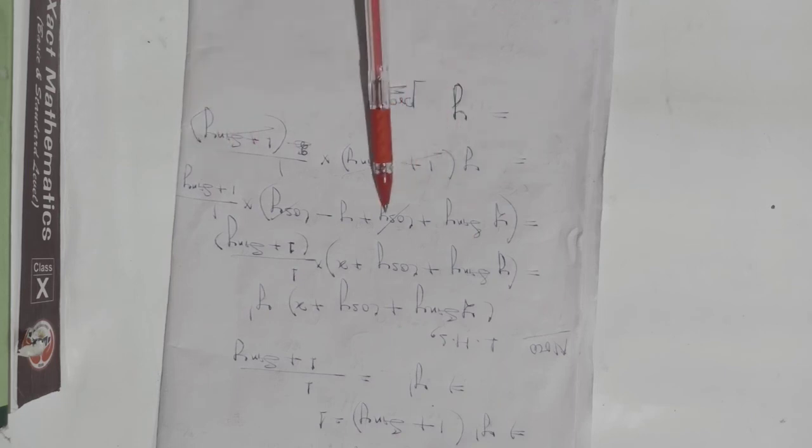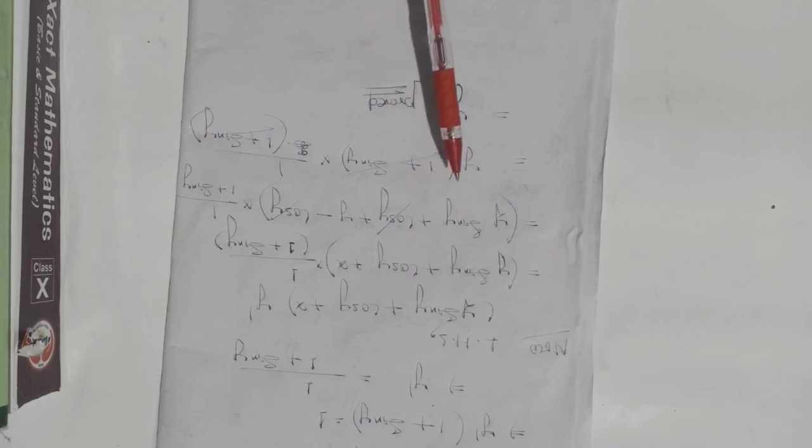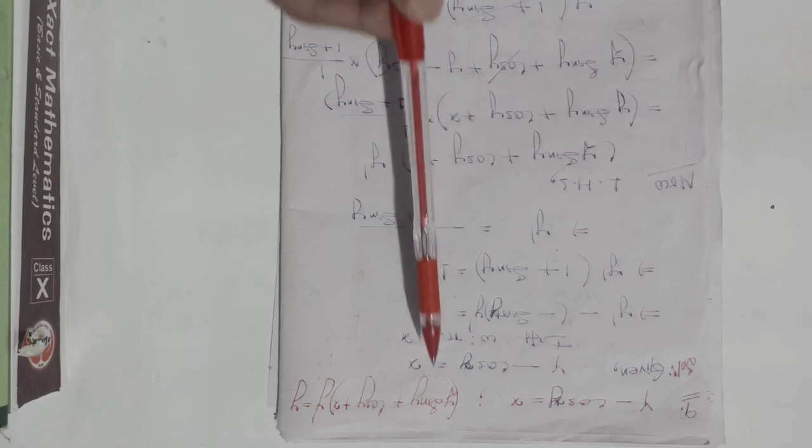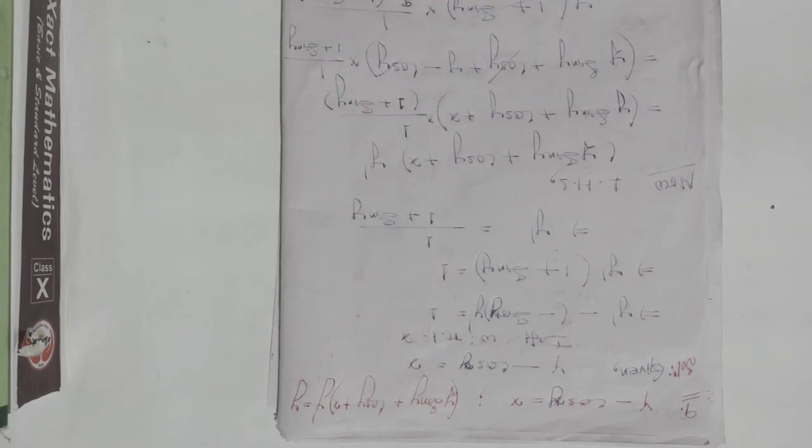So y cos y cancels, y is taken common, so 1 plus sin y into 1 by 1 plus sin y. 1 plus sin y gets cancelled, and the answer is y. So the answer is yes, because the given function is a solution of the differential equation.